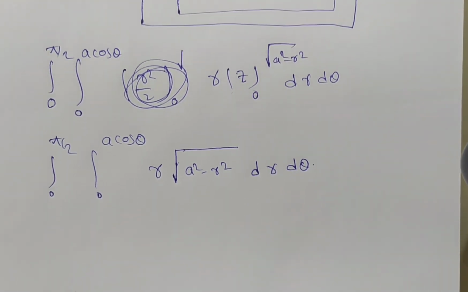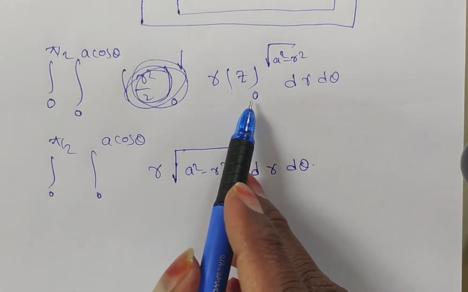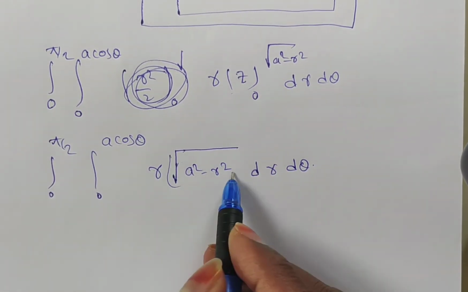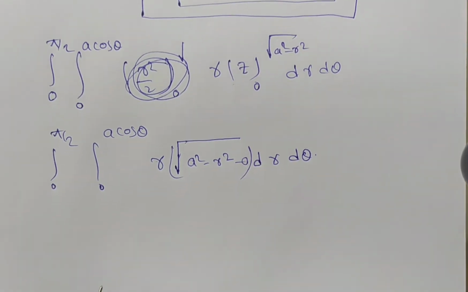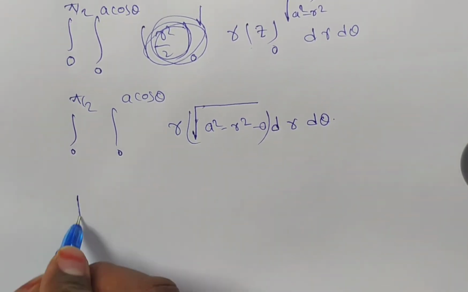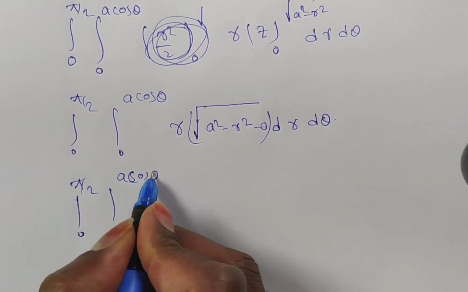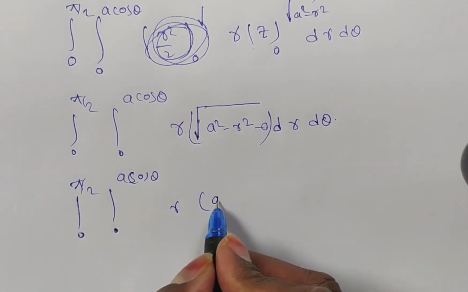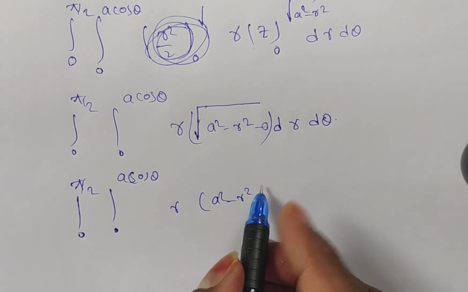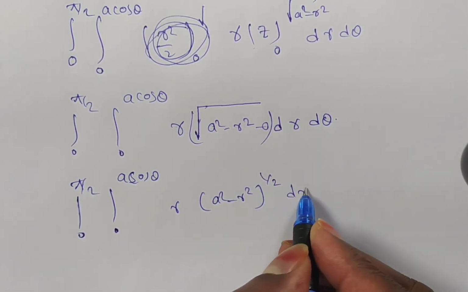The upper limit is root of a square minus r square, the lower limit is 0, so I have not written it. Of course if you write it also, you get the same thing. Now I will simplify this again: 0 to pi by 2, 0 to a cos theta, r into the square root, a square minus r square, minus 0 is the same thing, whole to the power of 1 by 2, dr d theta.